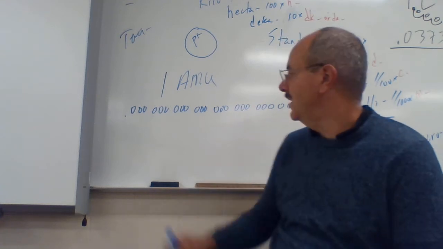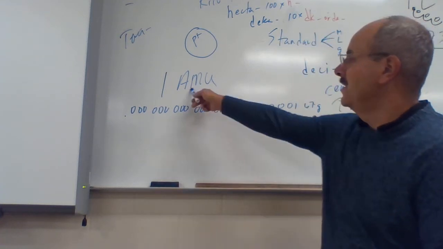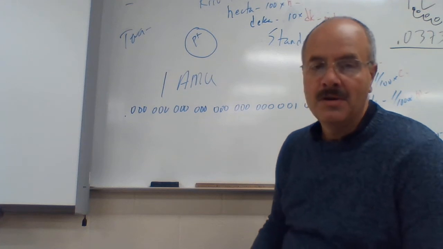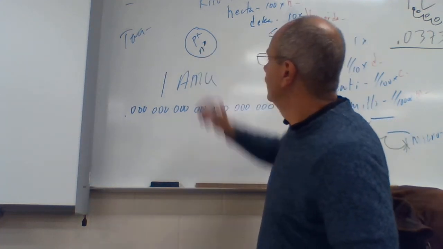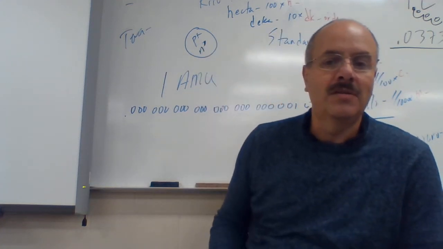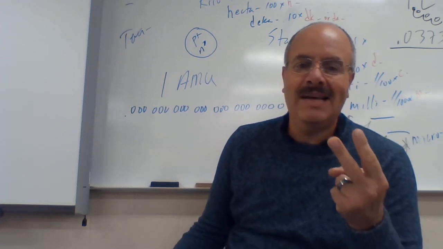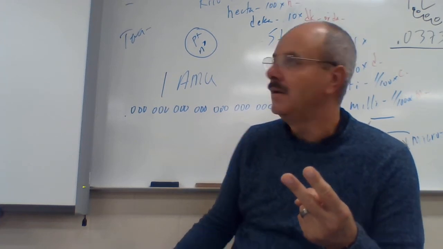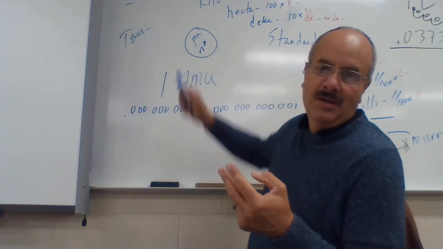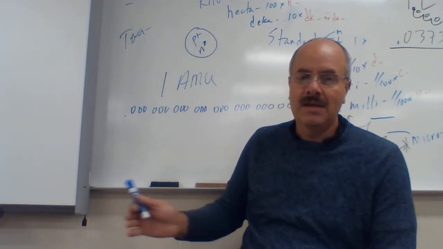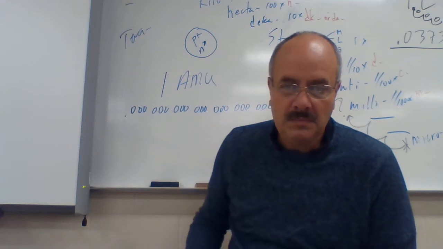The mass of a neutron is this number, so they made it 1 AMU. And where do we find them? In the nucleus, inside the nucleus also with the protons. So basically protons and neutrons are almost exactly the same, except protons are positive, neutrons are neutral. Everything else about them is the same.